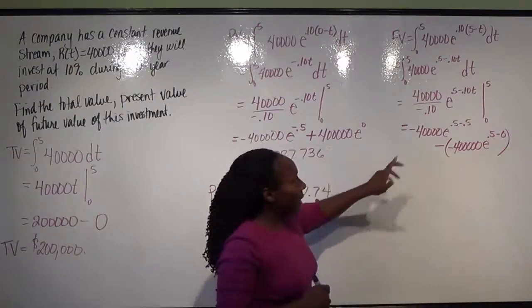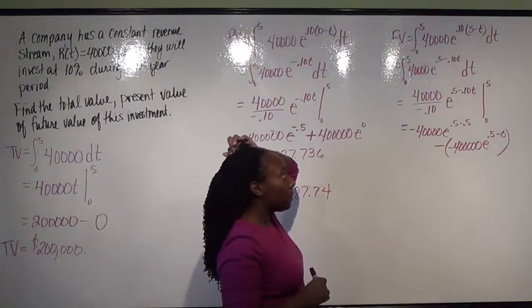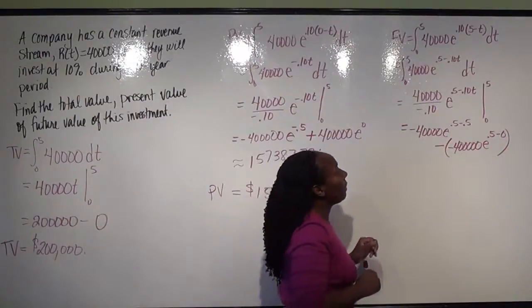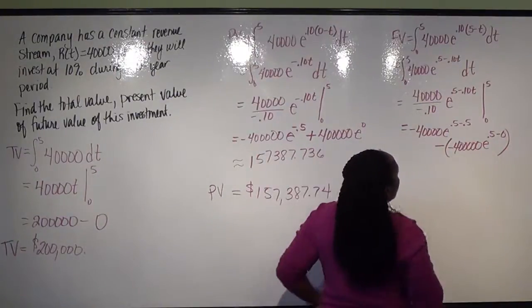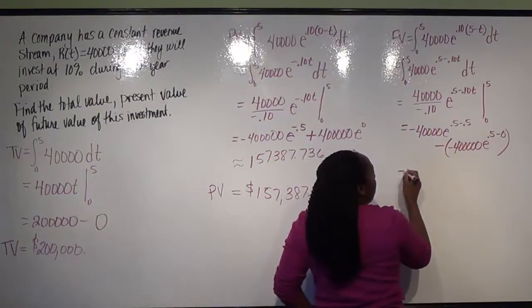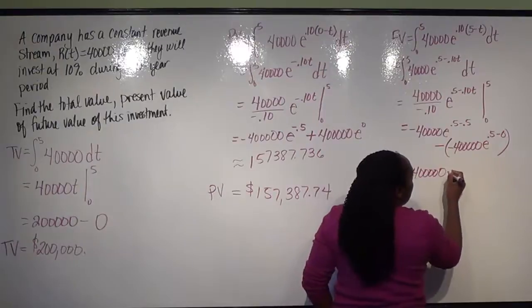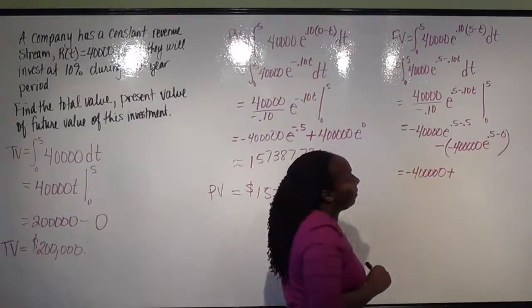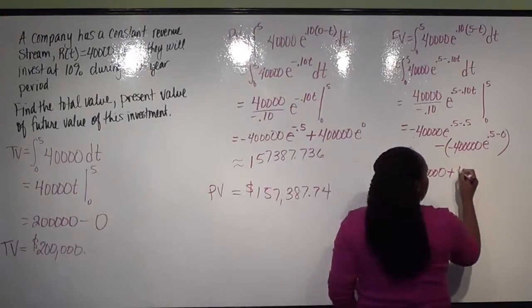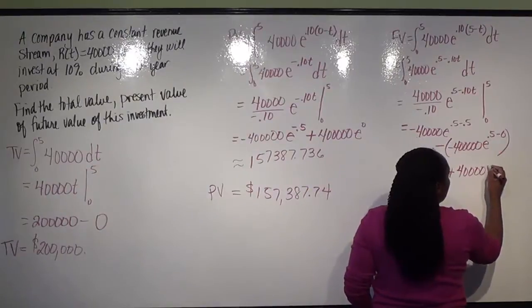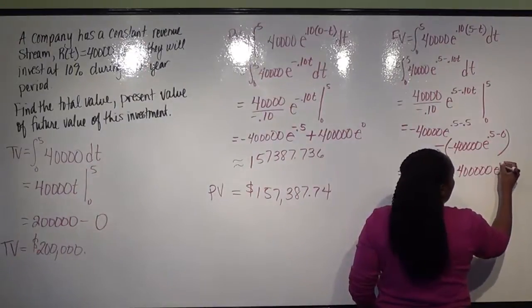Okay, so we're basically switching some things around here. Notice that one's going to go to 0, so we're going to have a negative 400,000 plus 400,000 e to the 0.5.